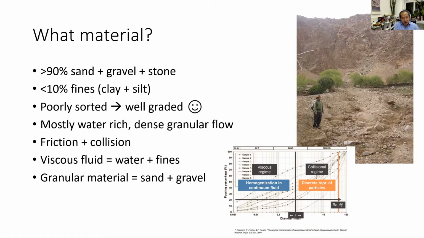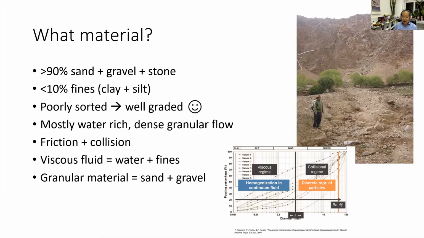Somewhere in the middle, very broad, we talk about debris material. This mainly consists of sand and gravel and some stones, making up about 90% of the material. Less than 10% is fines. In soil mechanics, we call it fines, and this means clay and silt.